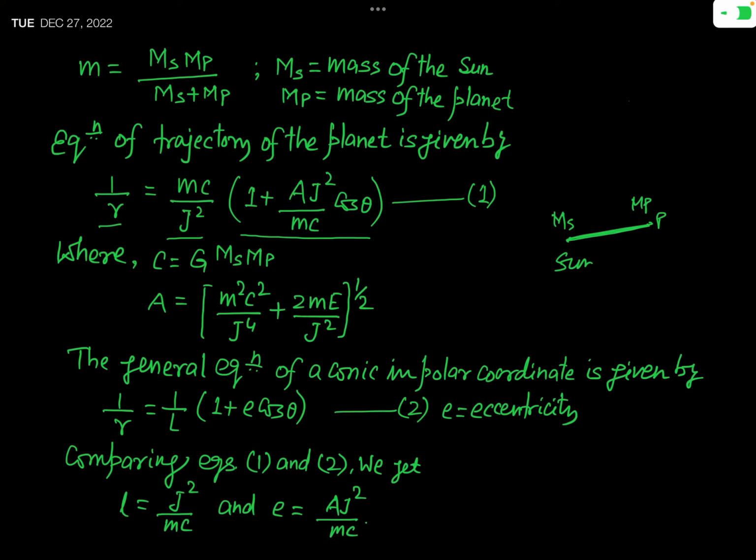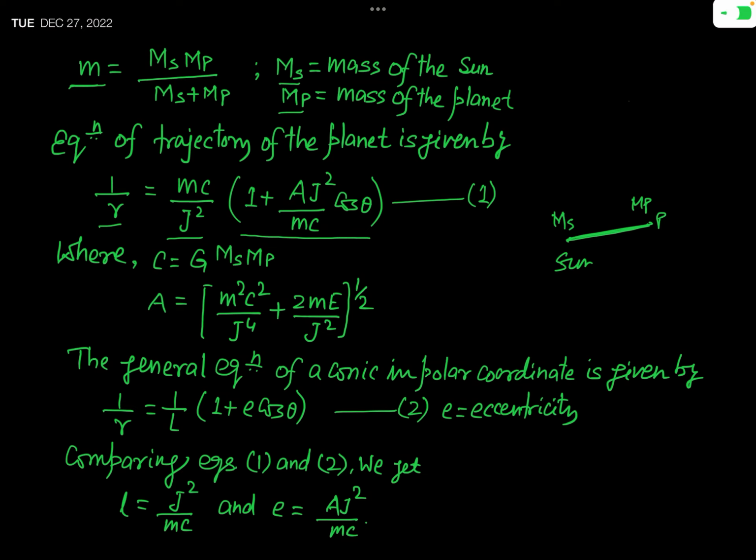And if you consider that this small m is the reduced mass of this sun plus planet system, then what is this m? You can definitely remember it because I have described it in very detail in the previous lecture. You know that this m will be equal to ms mp divided by ms plus mp, where ms is actually mass of the sun and mp is the mass of the planet.